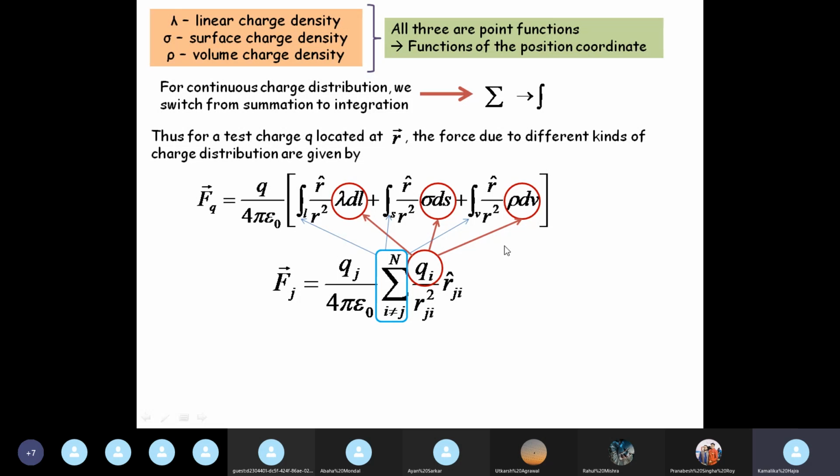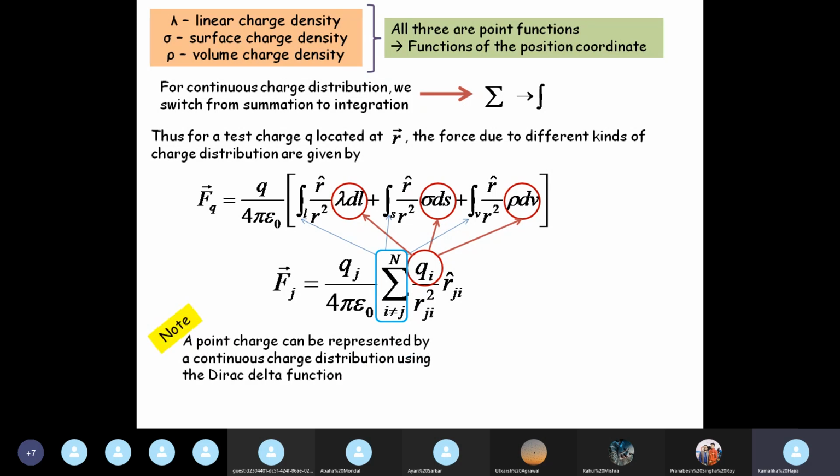So instead of summing up discrete forces, we will integrate over the charge distributions. Is this clear to everybody? The switch over from discrete to continuous. Depending on the problem, if you are given discrete charges, then you will sum up. If you are given a continuous charge distribution, then you will integrate. So depending on the problem, you will use the formula accordingly.